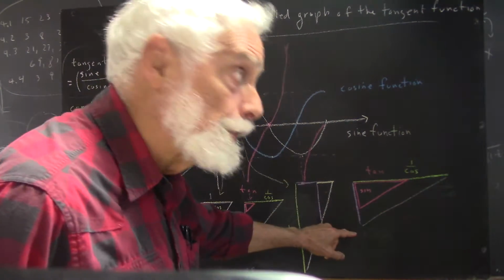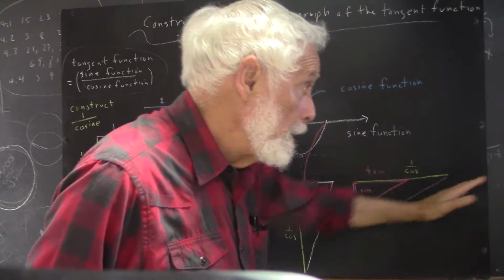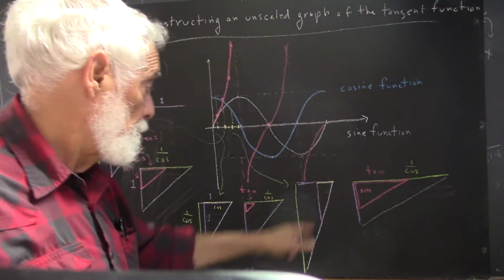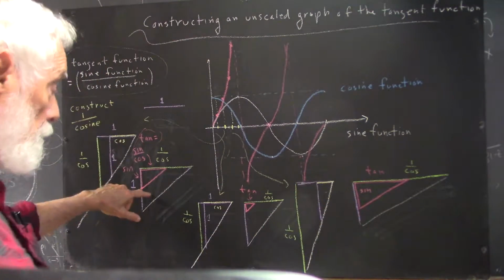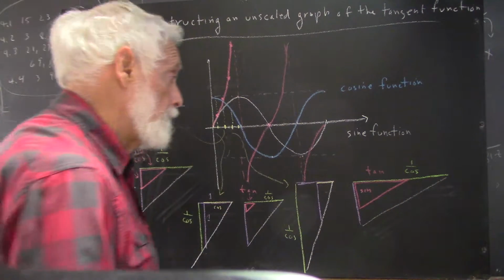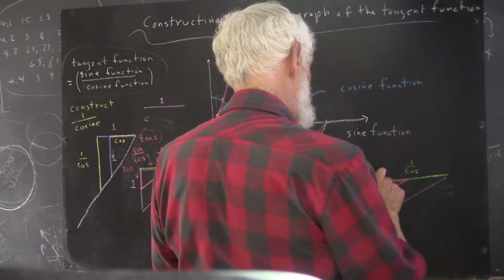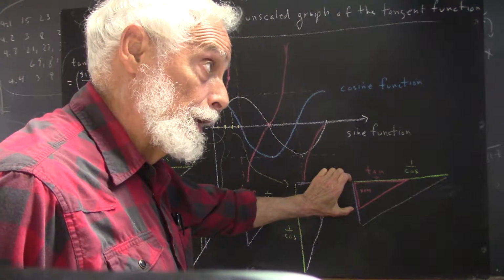The unit distance is still the same as what it was, so that this segment is not nearly as steep as it was here or here in our construction of the value of the tangent.